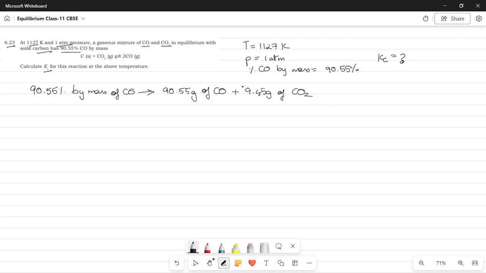Okay, so this is the case. So 90.55 grams of carbon monoxide and 9.45 grams of carbon dioxide. And this is going to be in 100 grams. Okay, so this is what we have.